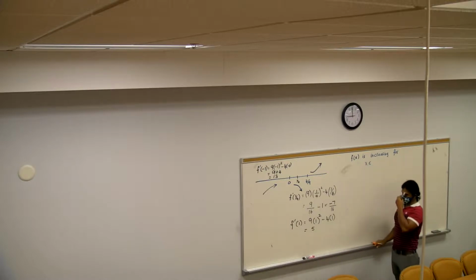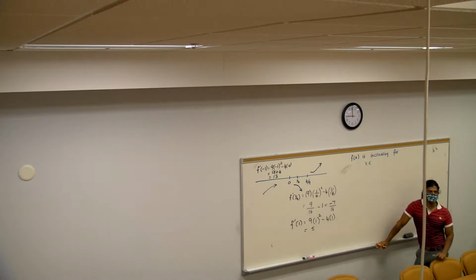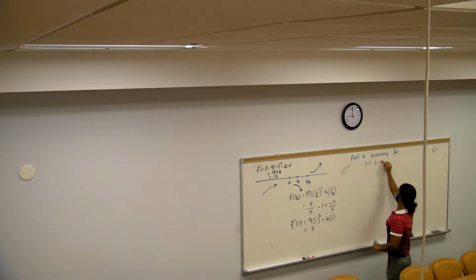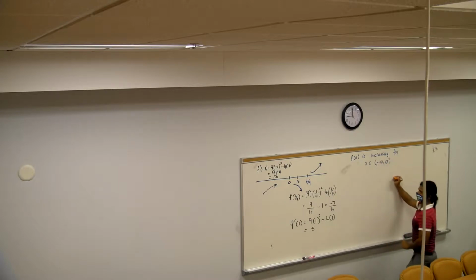So the function is increasing for x in negative infinity to 0, not including 0, and 4 ninths, but not including 4 ninths, to infinity. And what goes in the middle?